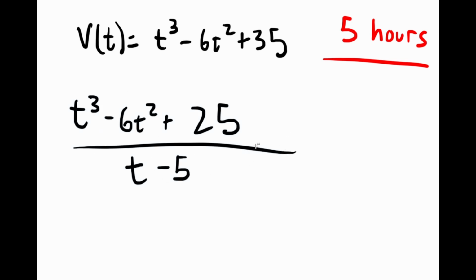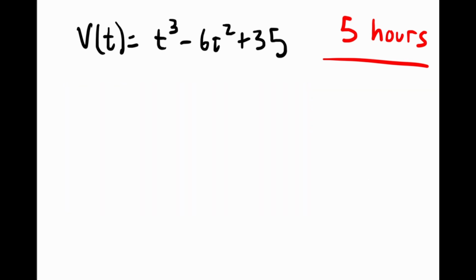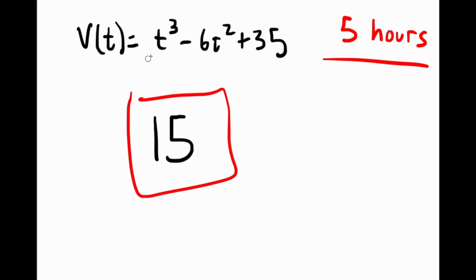We would take the numerator and pick it apart, and eventually we would end up with t minus 15. This would be our instantaneous rate of change if we picked apart the numerator and denominator and were able to divide out, be equal to 15.